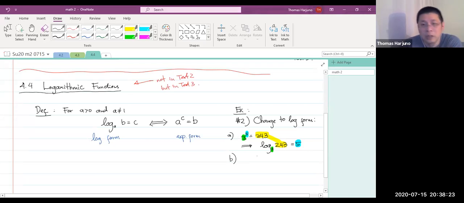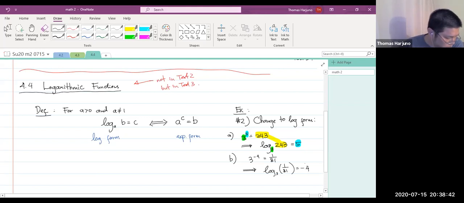Now part B, 3 to the power of -4 equals 1/81. Then the log form will be log base 3 of 1/81 equals the exponent -4.